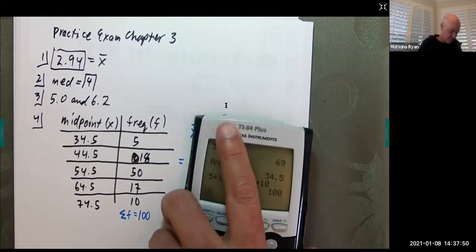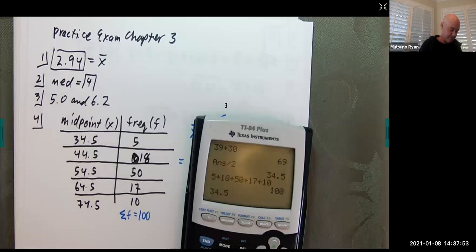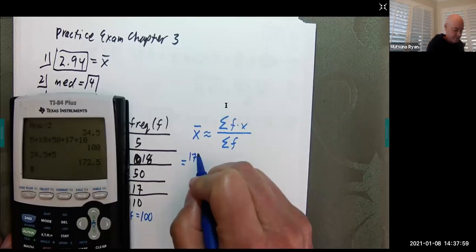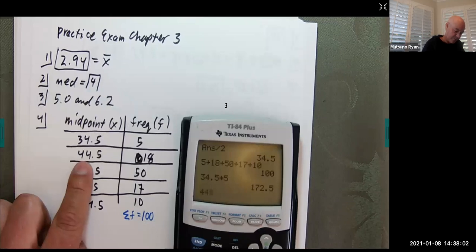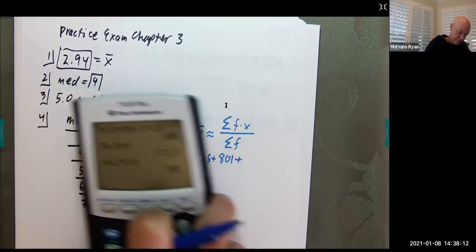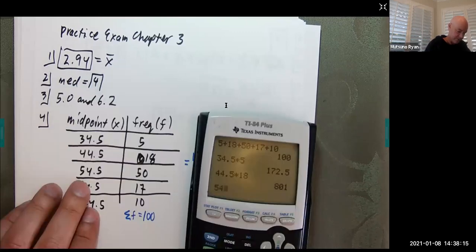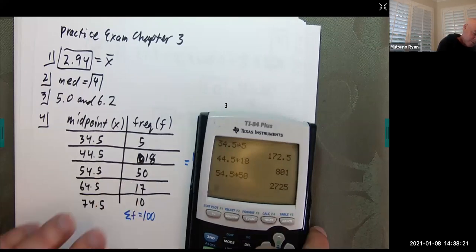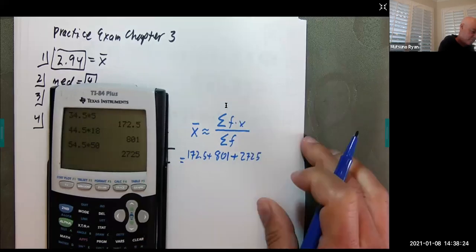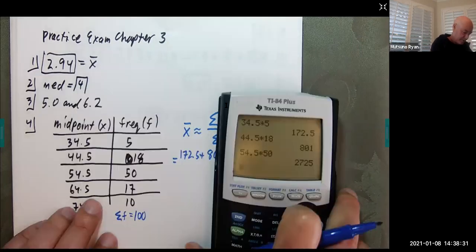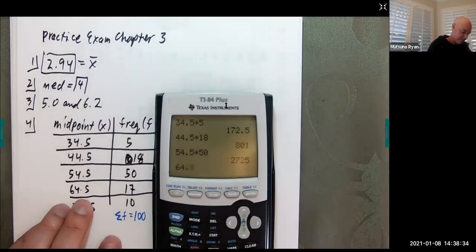So 34.5 times 5, 172.5, plus 44.5 times 18, 801, plus 54.5 times 50, 2725, plus 64.5 times 17.